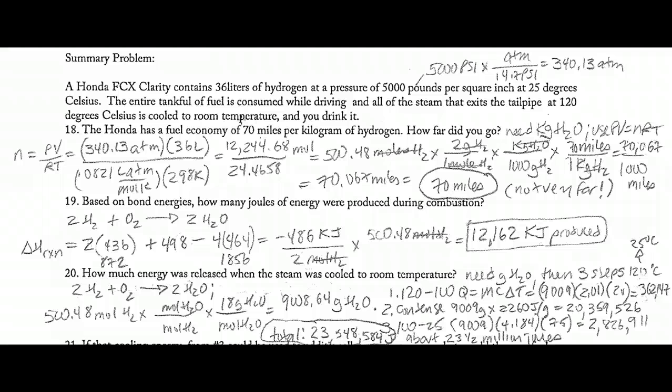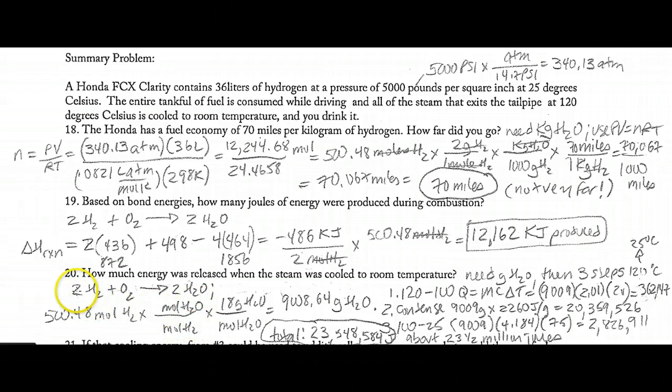There it is. And that means it has to go from 120 down to 100, then it has to condense, and then it has to go from 100 down to 25, a three-step calculation that requires the mass of water involved. We do know the mass of hydrogen, so this would be a mole to gram problem, which is two steps. You start with 500 moles of hydrogen. Anytime we have a mole of hydrogen, it produces 1 mole of water.